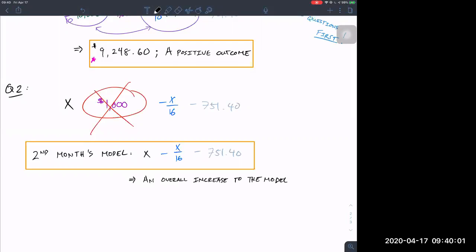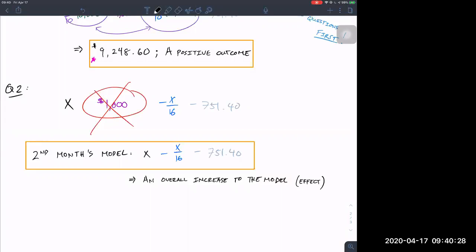Which means that if you happened to call on Wednesday, I was talking briefly about how there was an increase to the way a model makes money. So you have to understand, when I say an overall increase to the model, that's the effect.